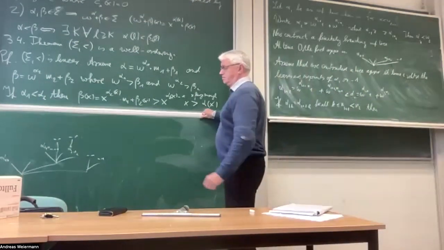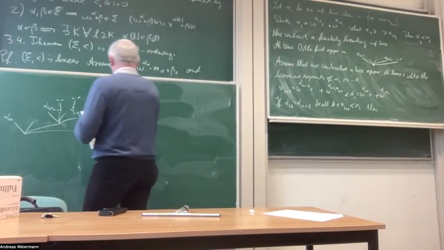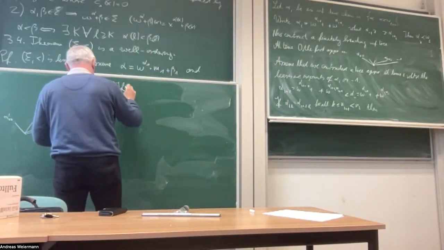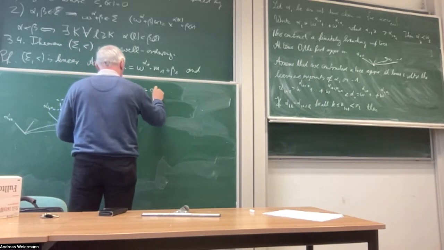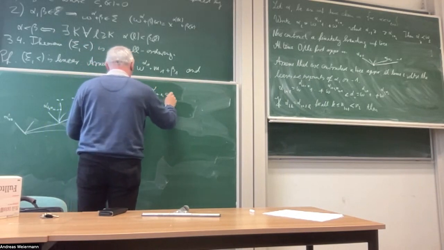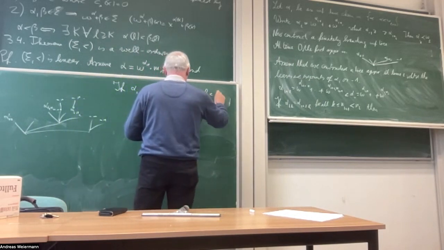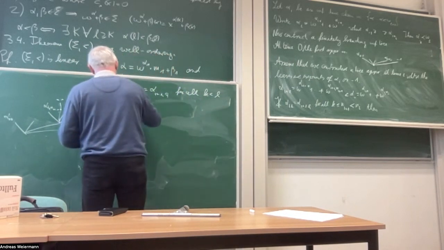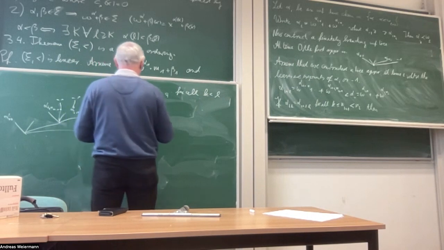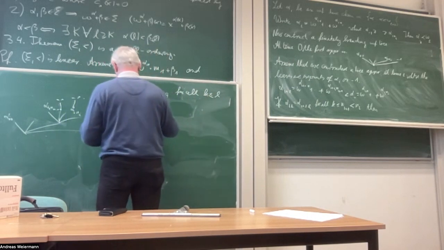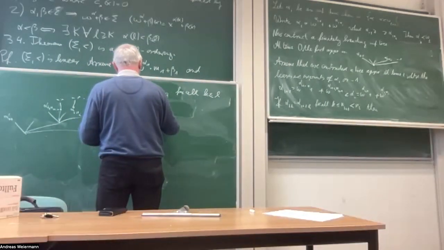So the second case is alpha i k equals alpha i plus 1 k for all k not equal to some L, where at some moment there is a transition.